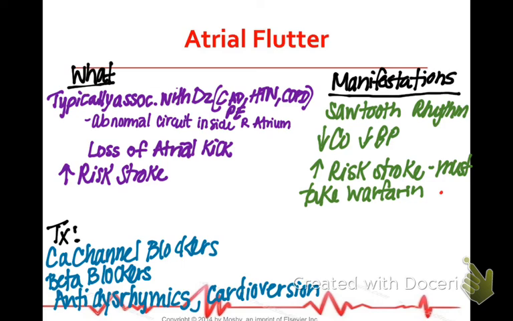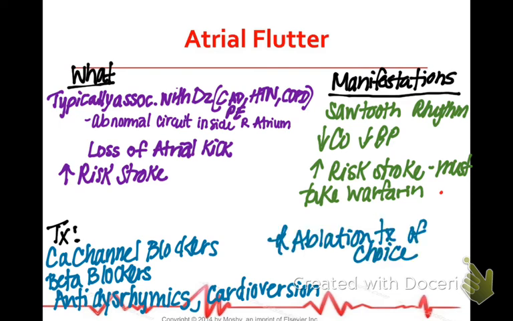So anti-dysrhythmics, cardioversion. Often, though, especially for younger people, because I have seen some younger people, they'll do ablation. Because younger people don't want to take a bunch of medicines, a bunch of anti-dysrhythmics and blood thinners. So they'll at least try the little procedure called ablation.